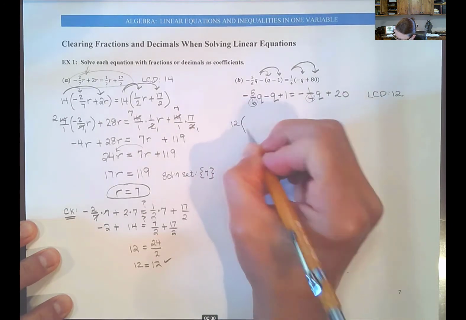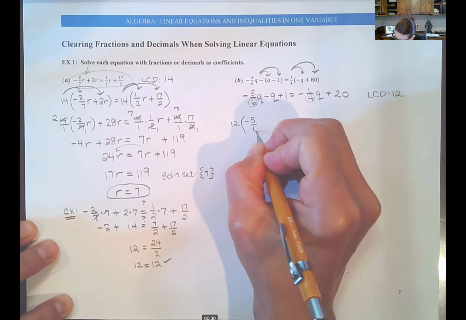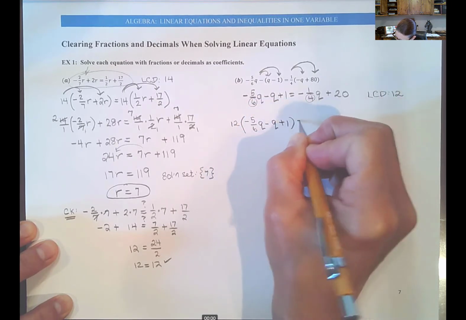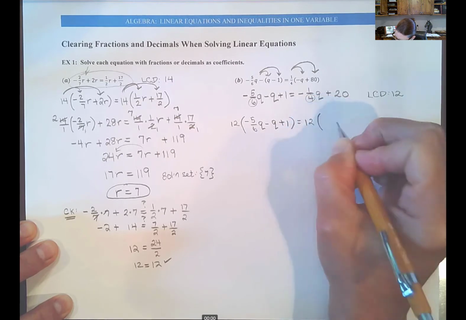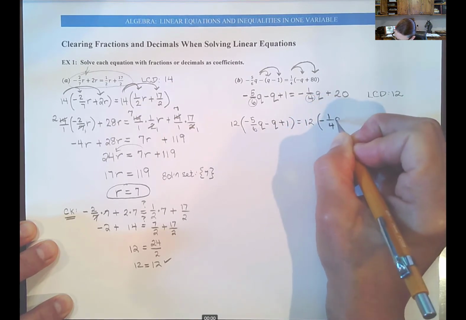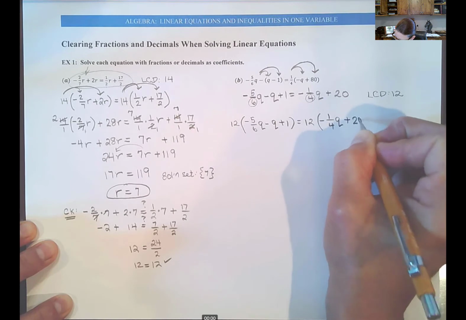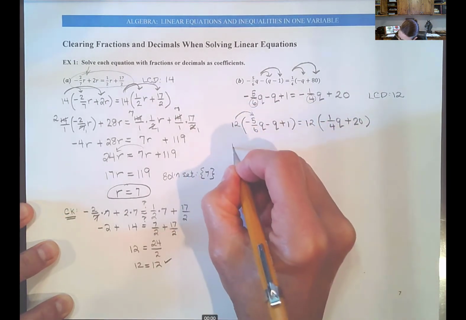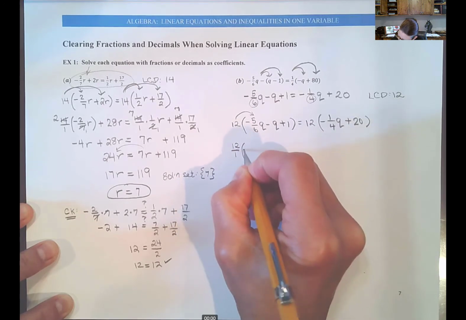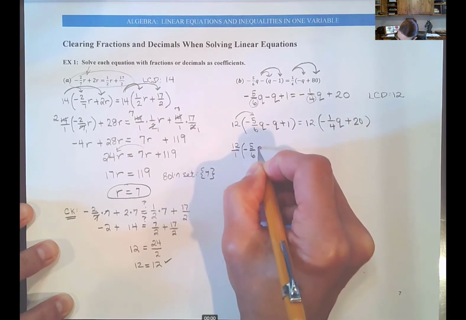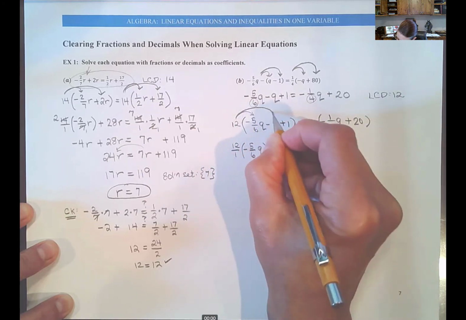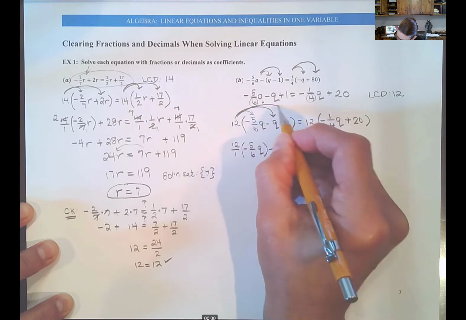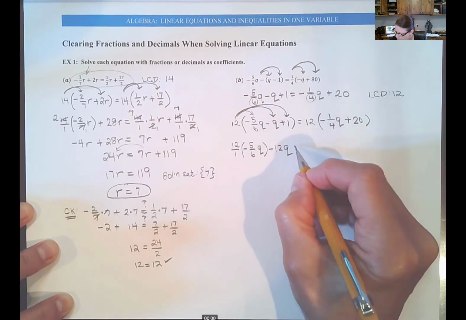Let's multiply each side by 12. This is our multiplication property of equality. Multiplying each side by the same non-zero number. Now we'll distribute. I'm going to write 12 over 1 times negative 5/6 q minus 12q plus 12.